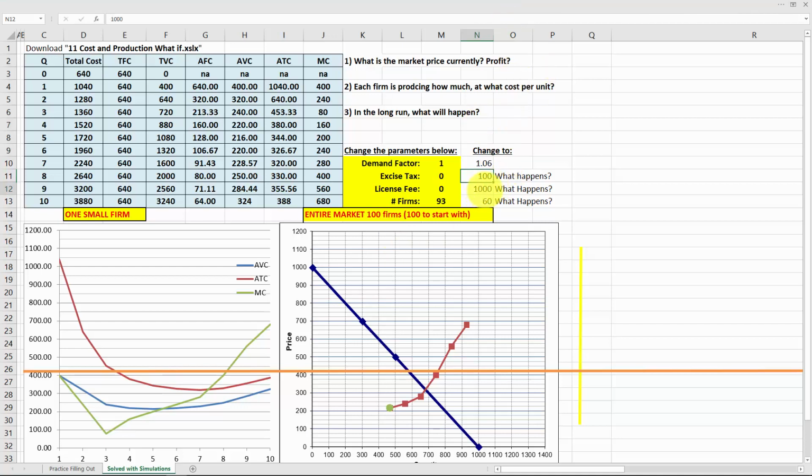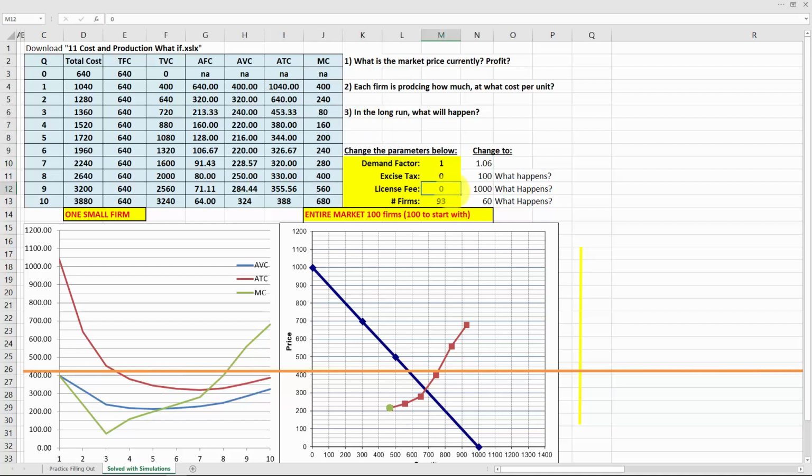So if we put in a $1,000 license fee here, what's going to happen is our fixed costs will go up by 1,000. The variable costs won't be affected. Average fixed costs will go up. Average variable won't. What about the marginal cost? Because of this license fee, is it going to cost us more than it used to produce each additional unit or to cut another person's hair? No, the marginal costs won't be affected.